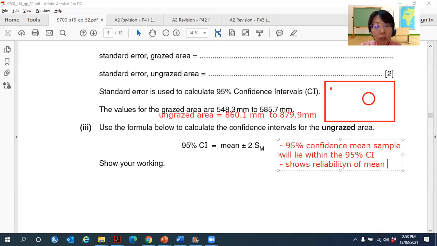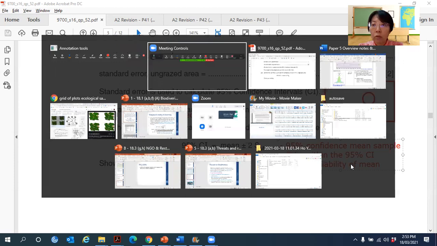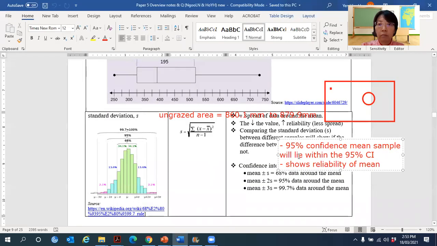This is how close the mean value of any sample you take will be to the first mean that you've calculated, or to the population mean. So it shows the reliability of the mean value of your sample, how close it is to your first mean or to your population mean. So, reliability.